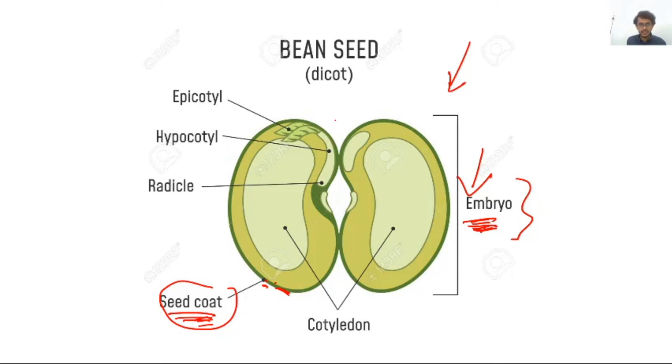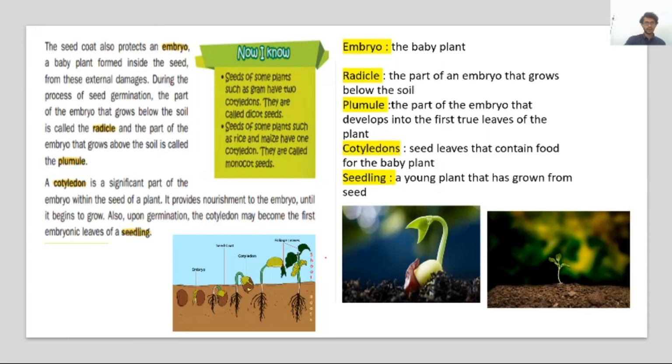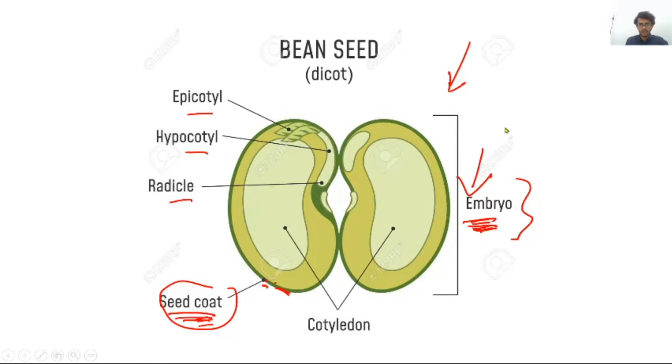You see, an embryo has a lot of different parts when it grows. So the seed coat protects the embryo as well. What is an embryo? Embryo is the baby plant. You see the baby plant, the small leaves, a bit of shoot and a bit of a radicle.